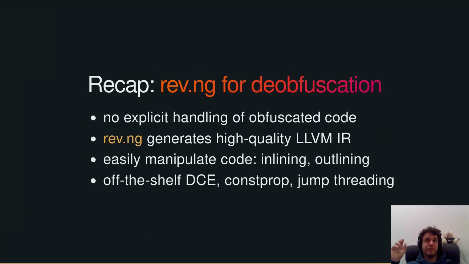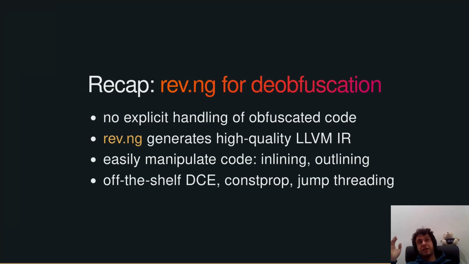And that's it. So we have seen three different examples. We have seen in various ways that Revenge, on the one hand, doesn't explicitly handle obfuscated code as a separate use case, let's say, but it is built with LLVM tools. It generates high-quality LLVM-IR, so it might be able, in some cases, to already undo some of the simplest obfuscation techniques.